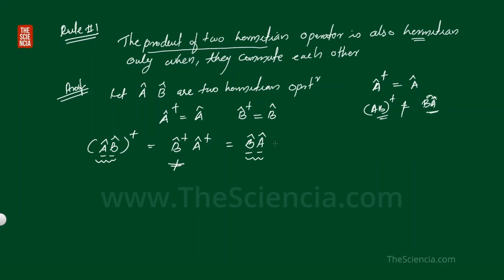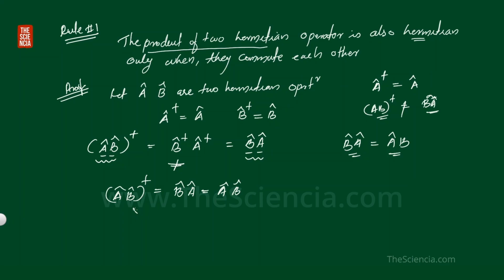So we can check the other condition, that is, this product is also Hermitian only when they commute with each other. That is, if BA is equal to AB, we can write AB dagger is equal to BA, and if BA is equal to AB, that is, they commute each other, the order is not a problem, then this is equal to AB.